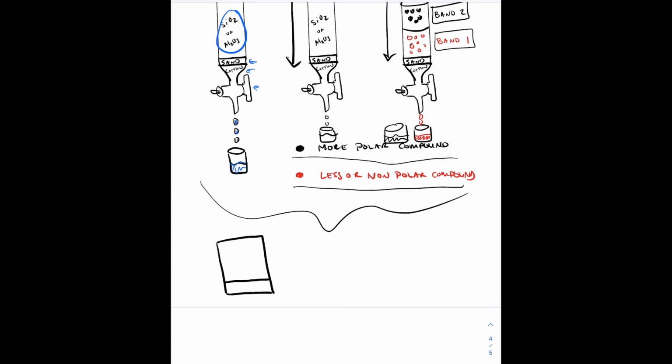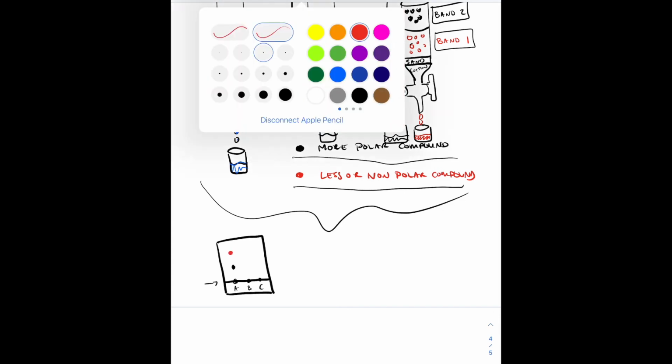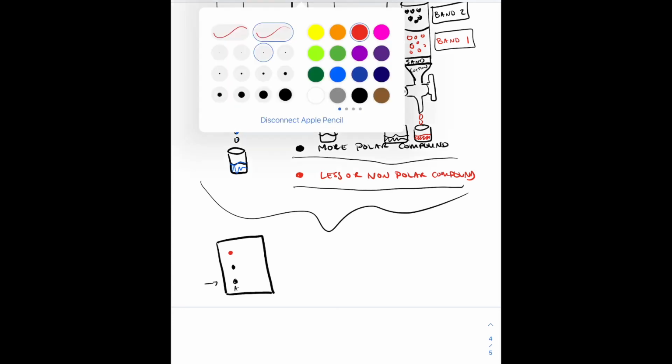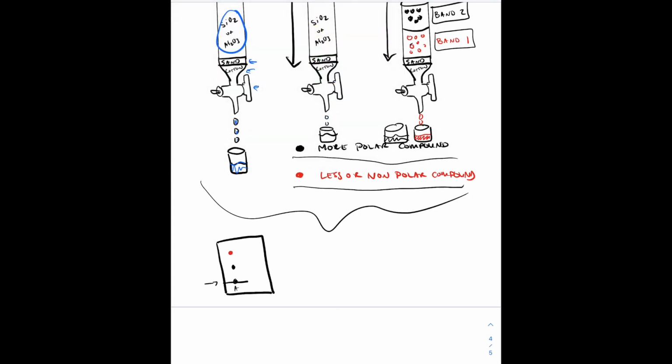And so what you can do is test out, boom, boom, boom, you spot your sample here, and then let's say you have sample A, sample B, and sample C, and then A actually splits up into two bands. Well, let me get rid of B and C, because those are actually not relevant. Let's just leave it at this.